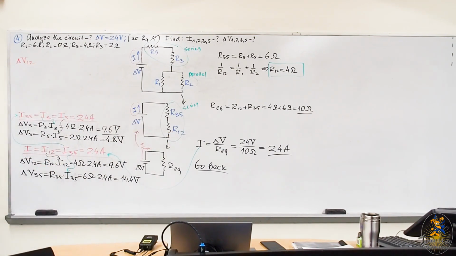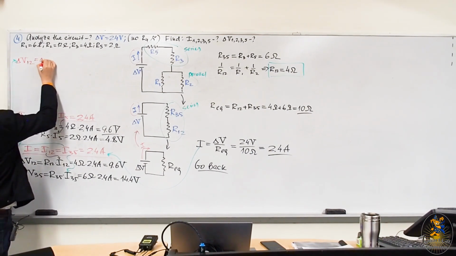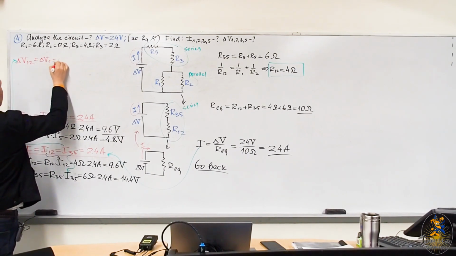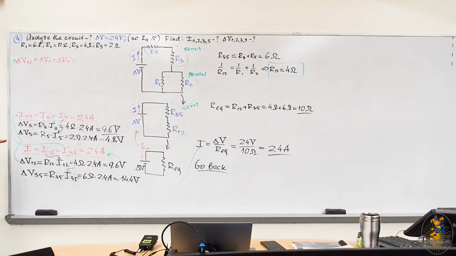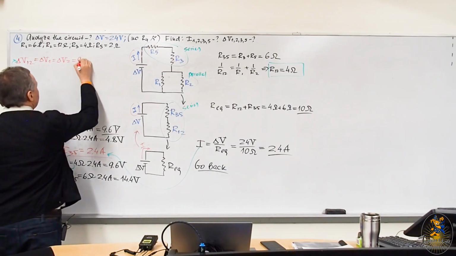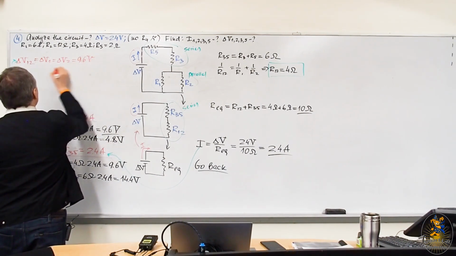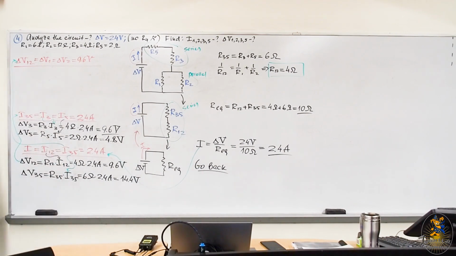Where is my delta V12? Here. So let me connect it. So delta V1 equals delta V2 equals 9.6. Right. Okay, so now let's exhaust this bridge.